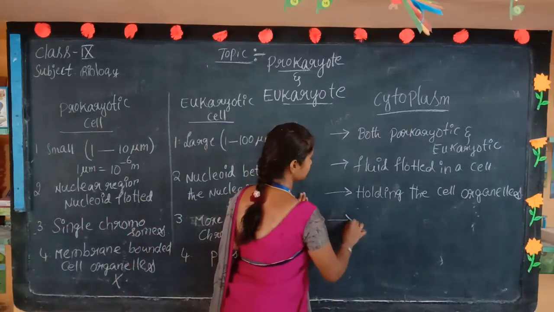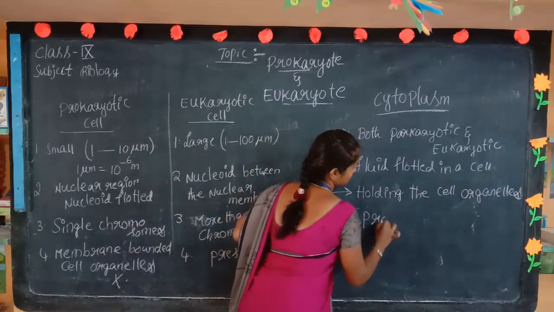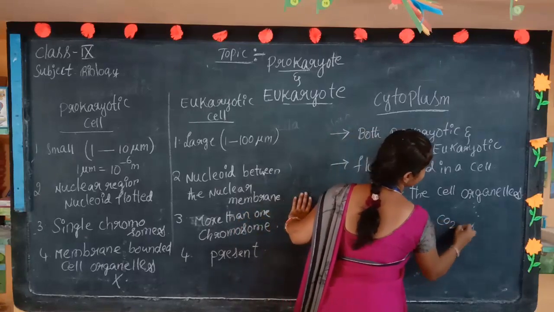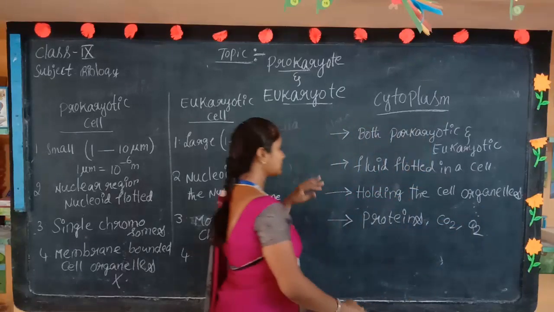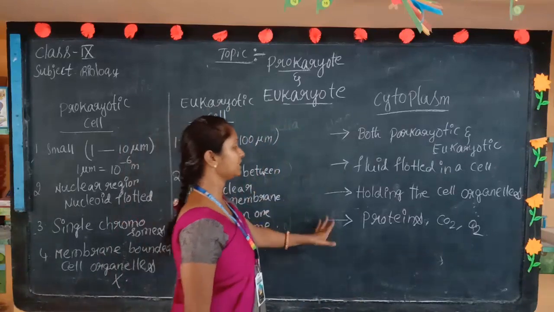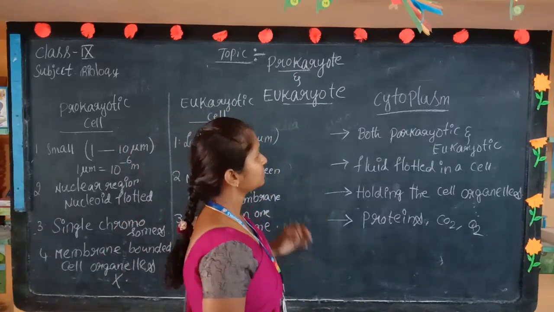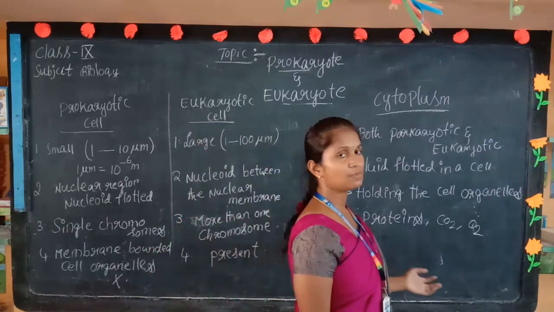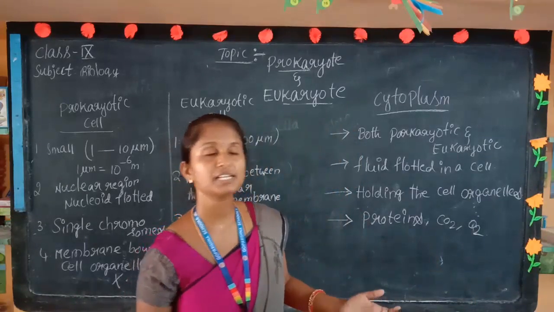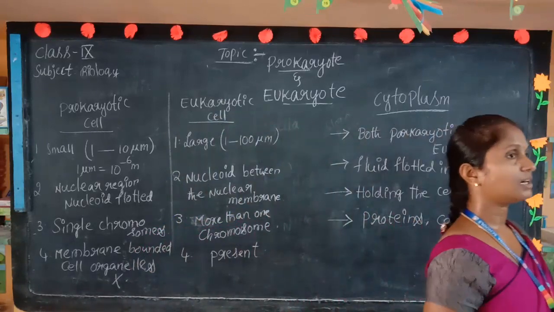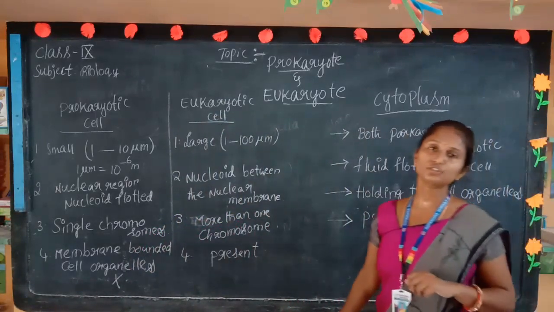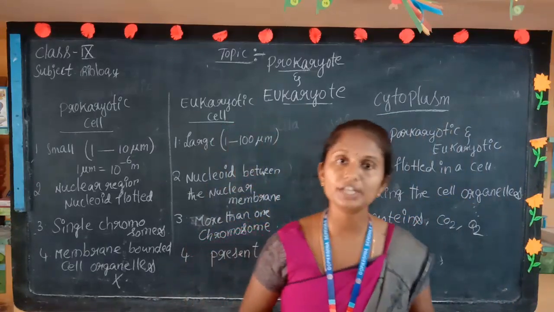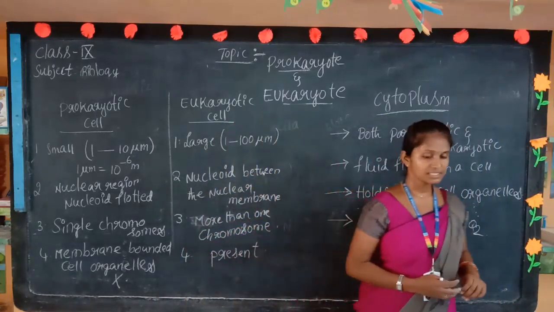This cytoplasm also contains proteins, carbon dioxide, oxygen, and all other compounds. And different types of nucleoids, and the nucleus will be present there too. And next, osmosis and diffusion processes happen with the help of the rigidity of this cytoplasm fluid. Yes, this is the thing, children.